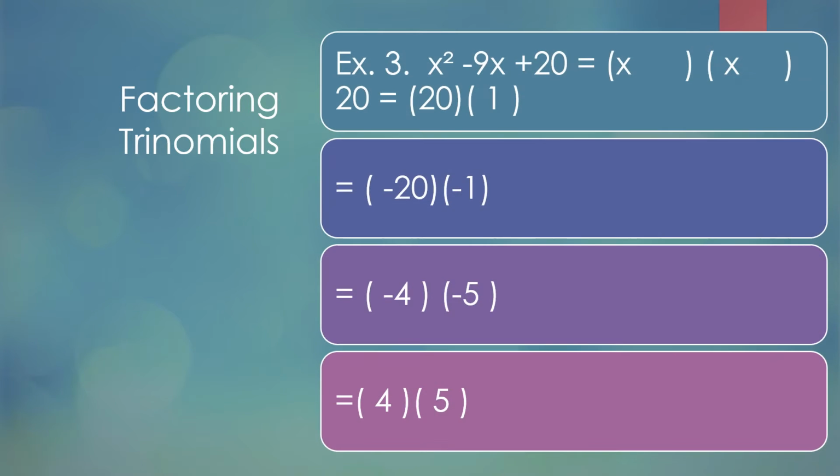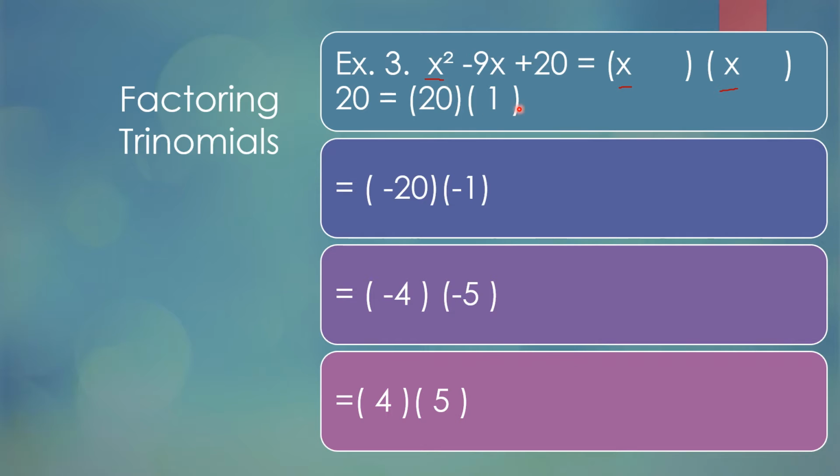Next, for you to master this, I'll remove the steps and let's see if you can do it. The given again is x squared minus 9x plus 20. The value of a here is also 1, so that's why I have x here and x here. Now, the value of c is 20, and what are the possible factors of 20?